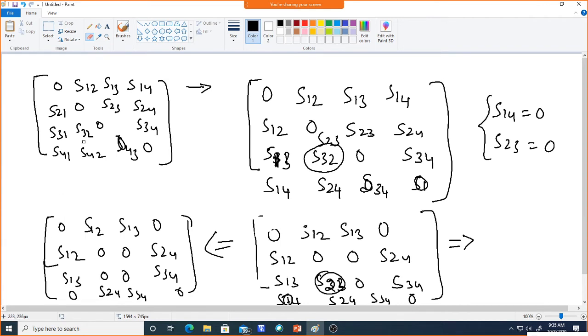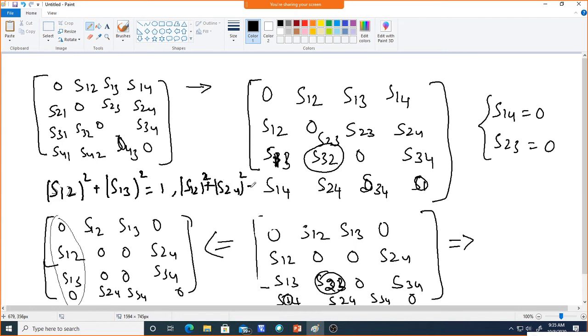If you multiply the corresponding columns, you will get S12 square plus S13 square equal to 1, and similarly S12 square plus S24 square equal to 1 if you multiply the second column, and similarly the third one will give S13 square plus S24 square equal to 1, and similarly this one.